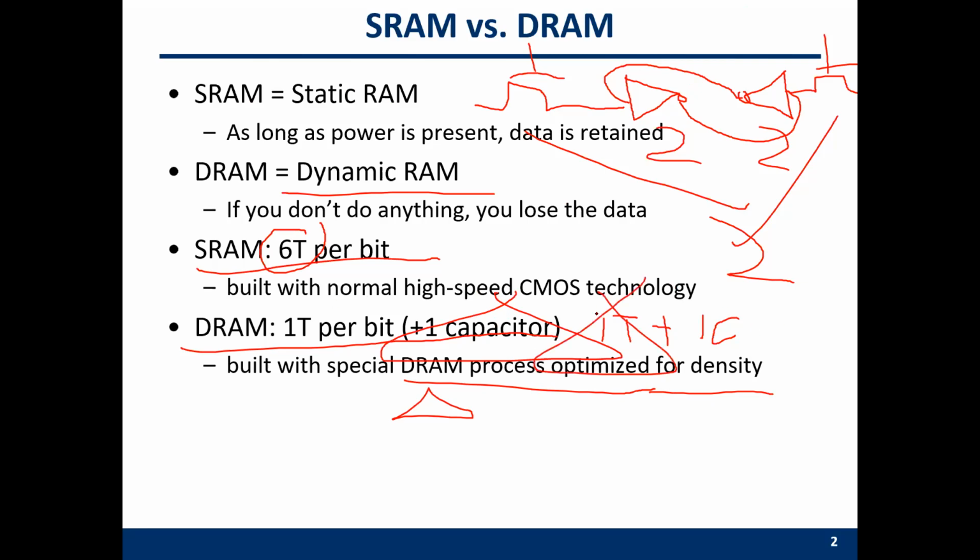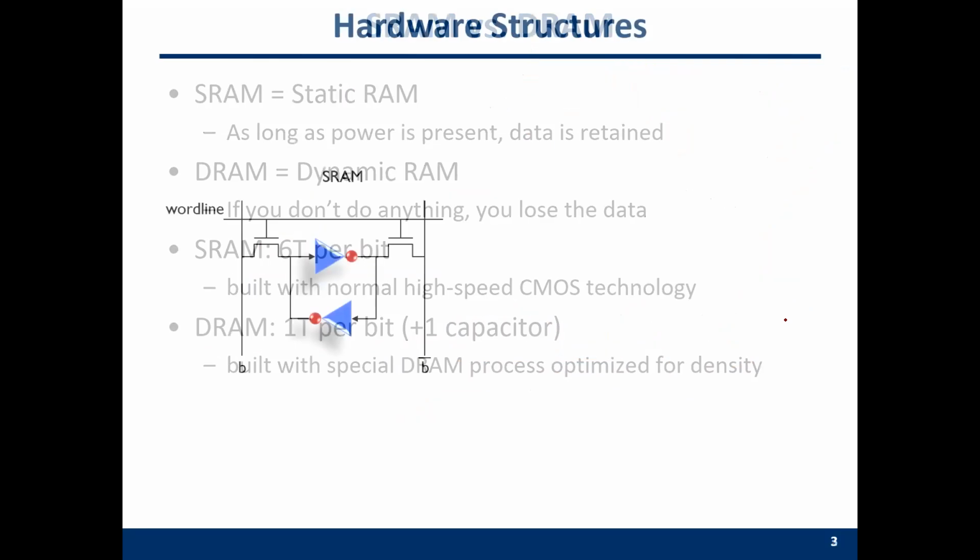We need to keep the leakage power of the transistor at a very low level, and we also need to fabricate a very high density capacitor, which can have a relatively large capacitance to store the single bit.